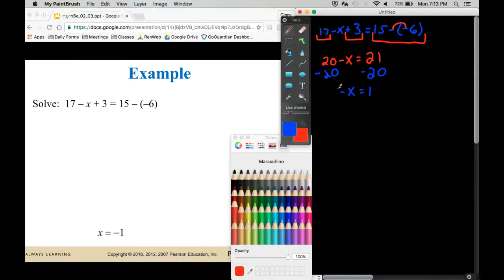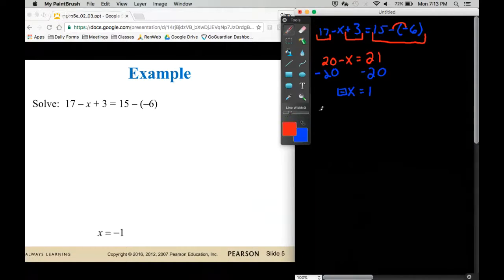You still have this negative here though, which means the x is not completely by itself. So you divide both sides by the negative 1, which is implied by this negative sign in front, and you get x equals a negative 1.